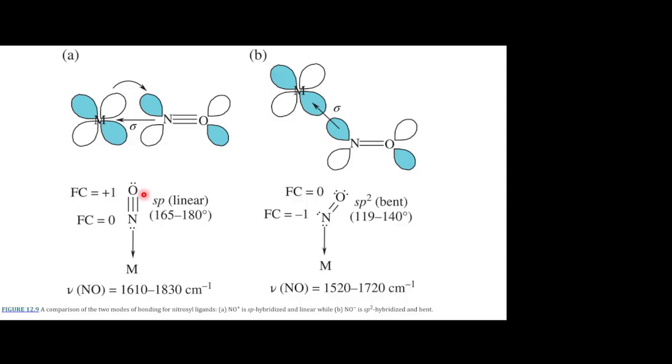This being, I don't know if you guys ever drew out NO. Have you guys ever drawn out NO and done formal charges for NO or NO2? Okay, I don't remember if I did that to you. So this is actually one of the ones they should. I've never seen a general chemistry not give it.